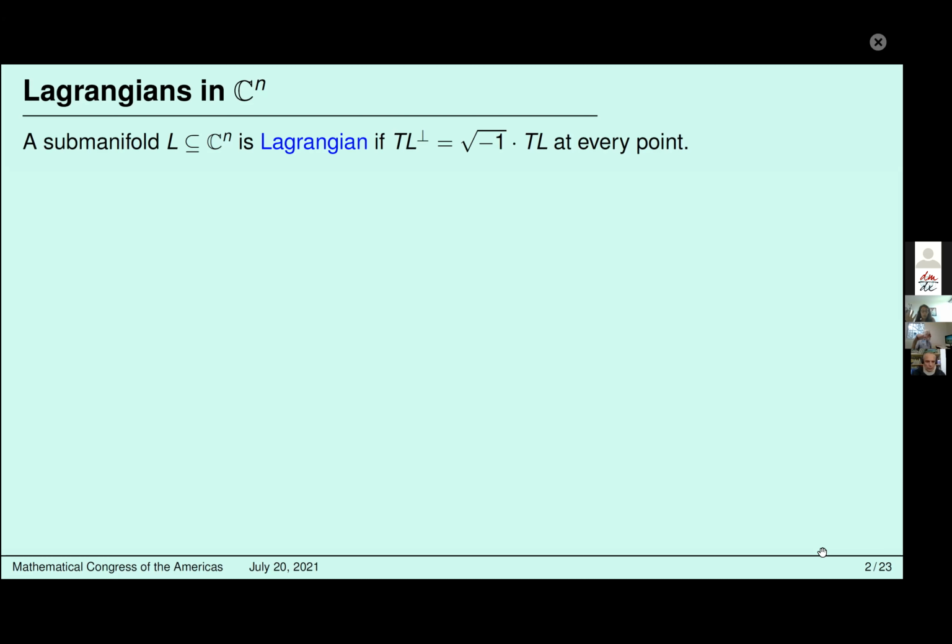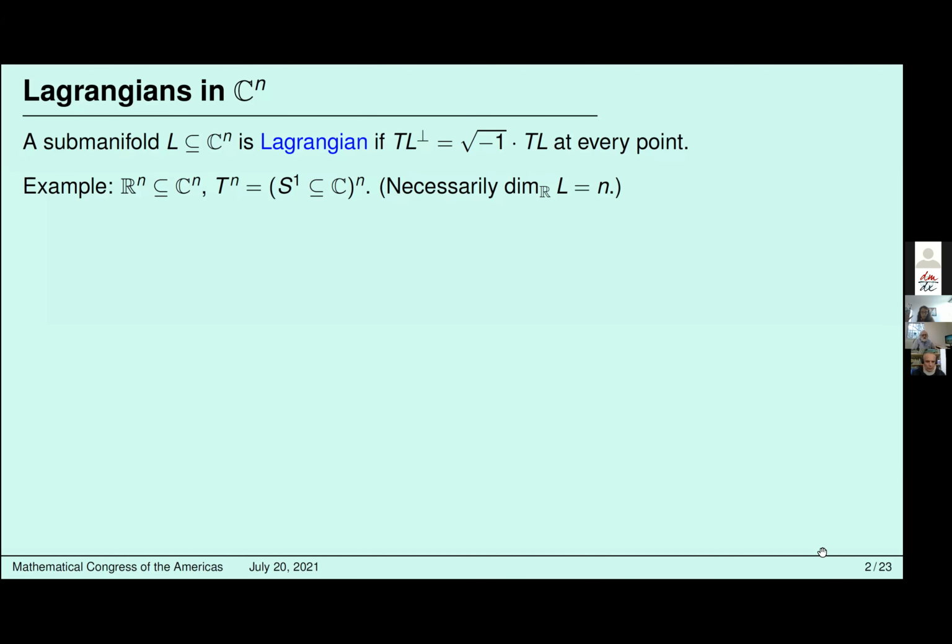A Lagrangian submanifold is any submanifold such that if you take its orthocomplement, that's the same thing as multiplying by i. Clear examples are Rn inside of Cn, or you can get a torus by taking a product of any collection of curves in C. So this looks locally like Rn inside of Cn.